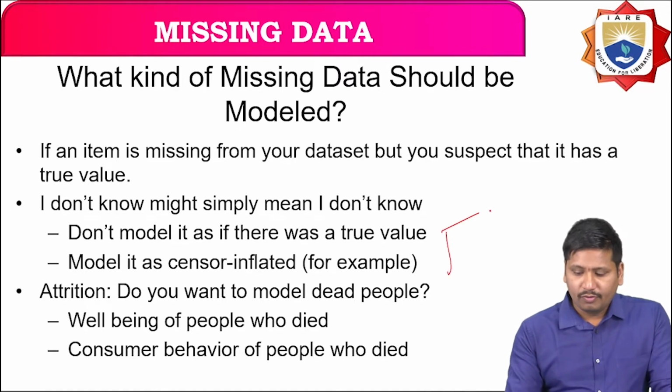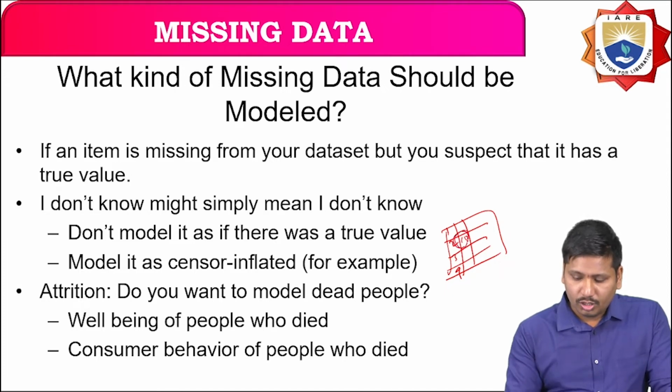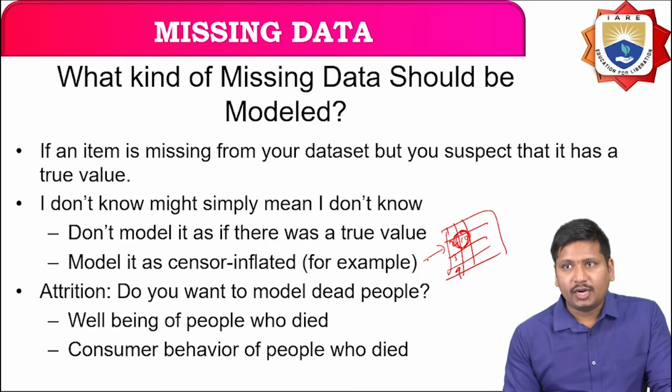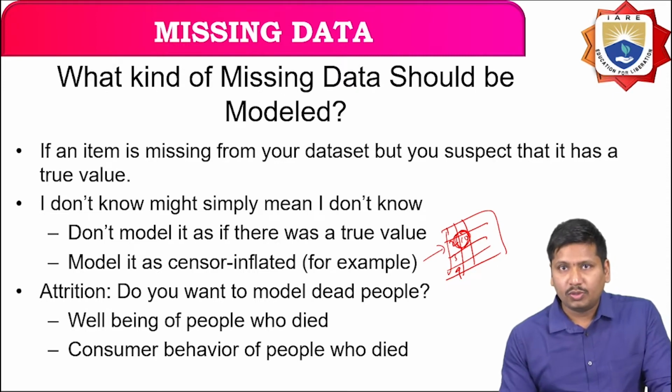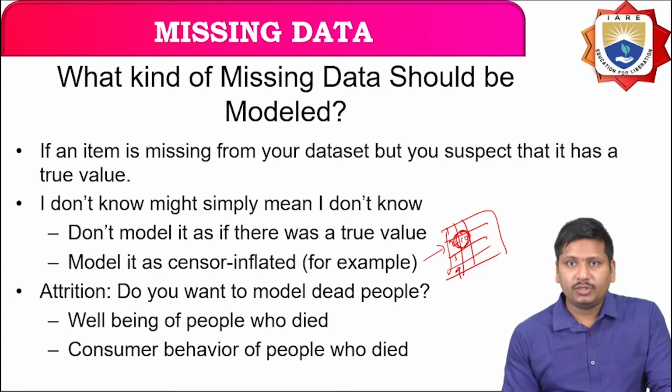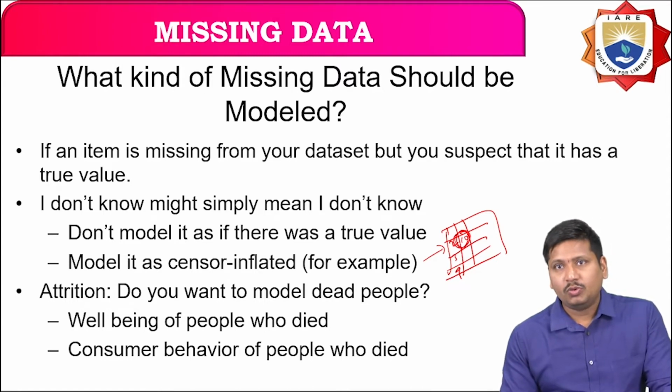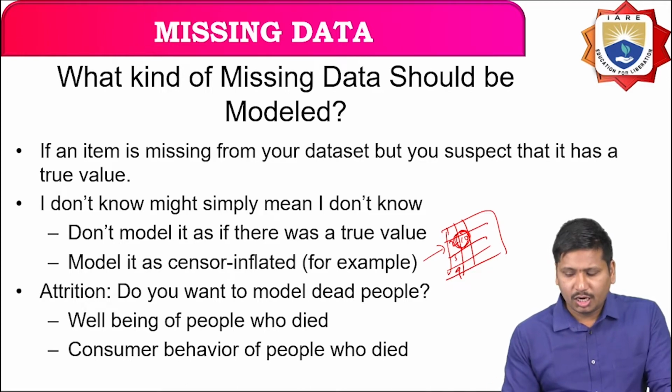Suppose I am filling this table which has some rows, and I get some value here. Whether the value I am getting for record 2 is a correct one or may be a wrong one, I want to find out. So how are we going to model that kind of missing data? Suppose an item is missing from the data set, how do we suspect whether it is a correct value or not?